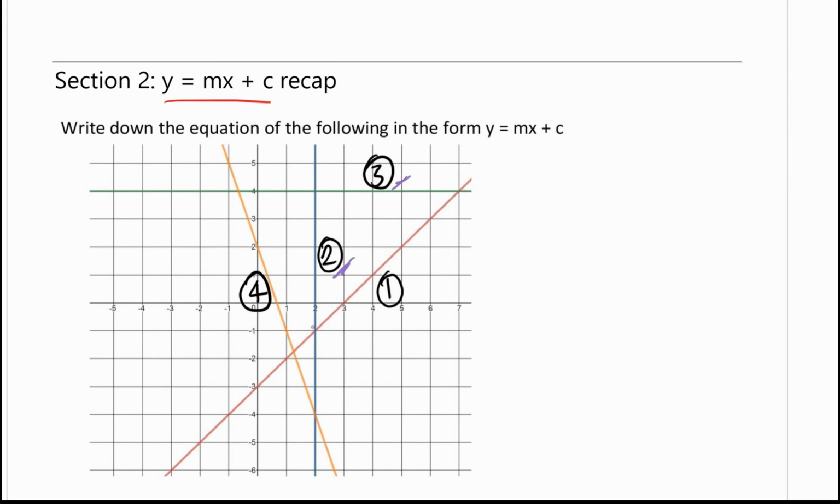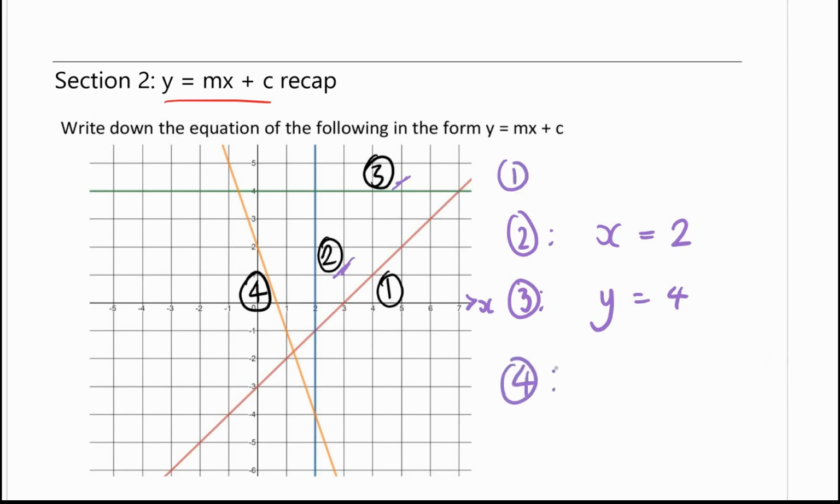So if I'm looking at line number 2, I can see it goes through this 2 here, and that is an x coordinate, which means for equation number 2, the equation is just x equals 2. Looking at the exact same thing for the third line, it's going through 4, that's a y coordinate, so that equation will be y equals 4.